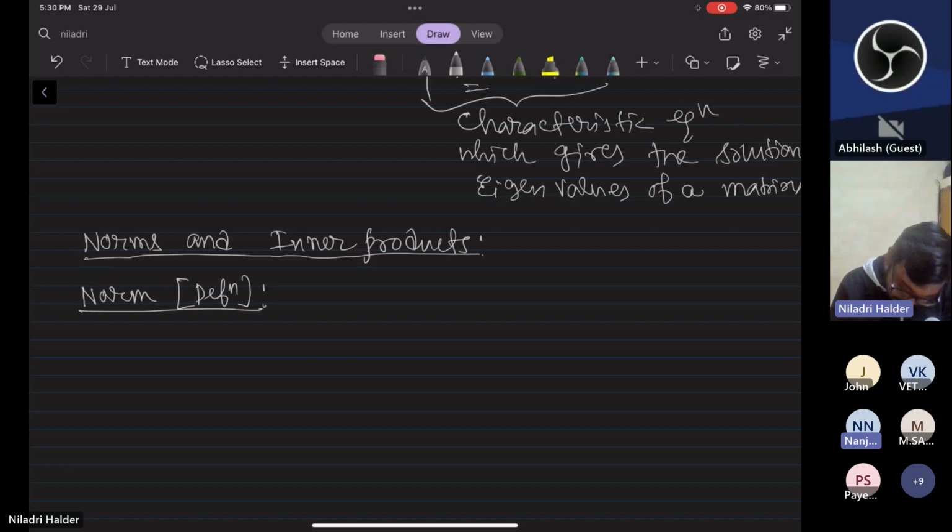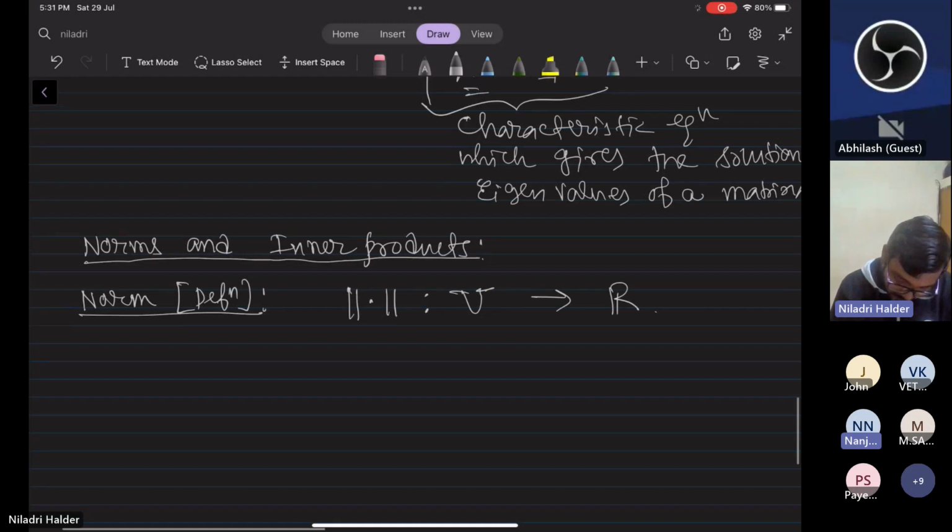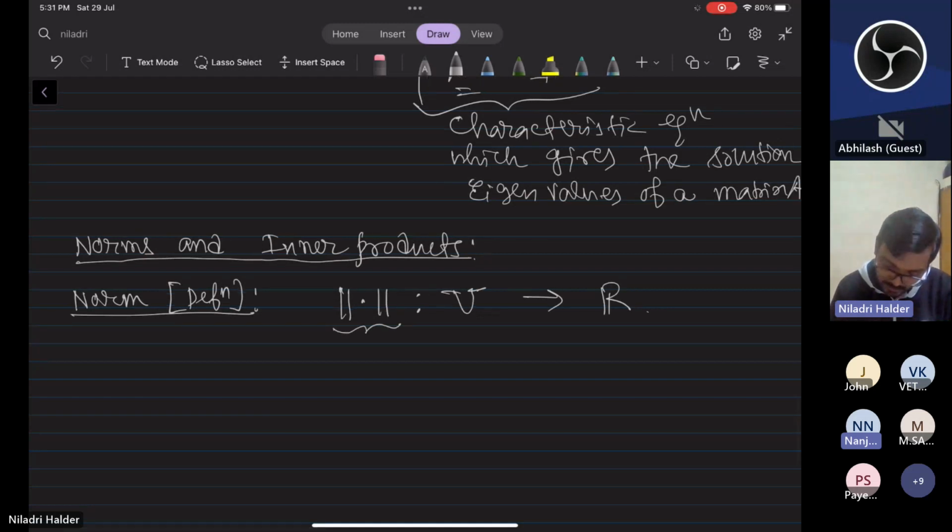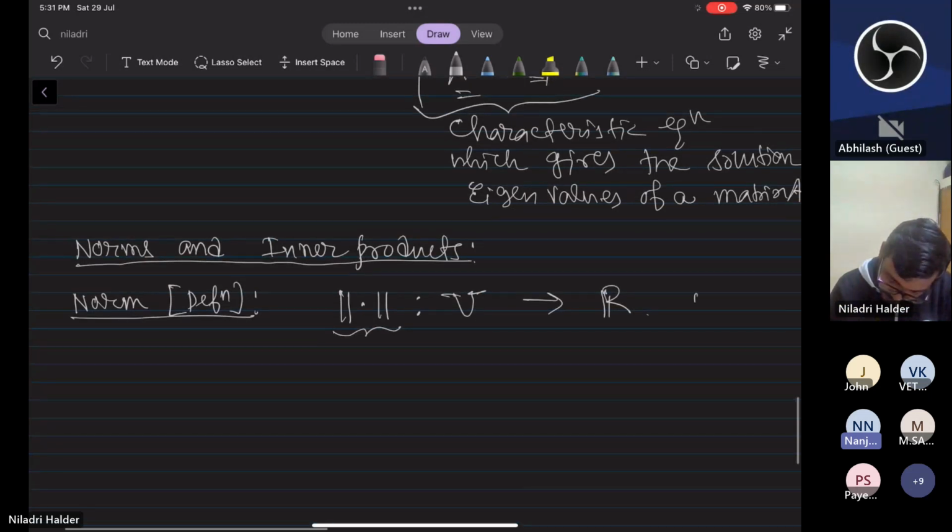Definition of norm. It's a function, denoted by this sign, which goes from the vector space V to the real numbers if there are some conditions.